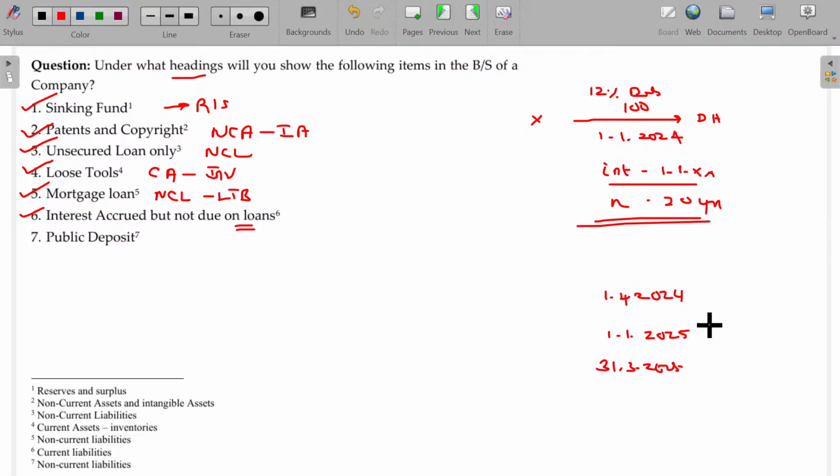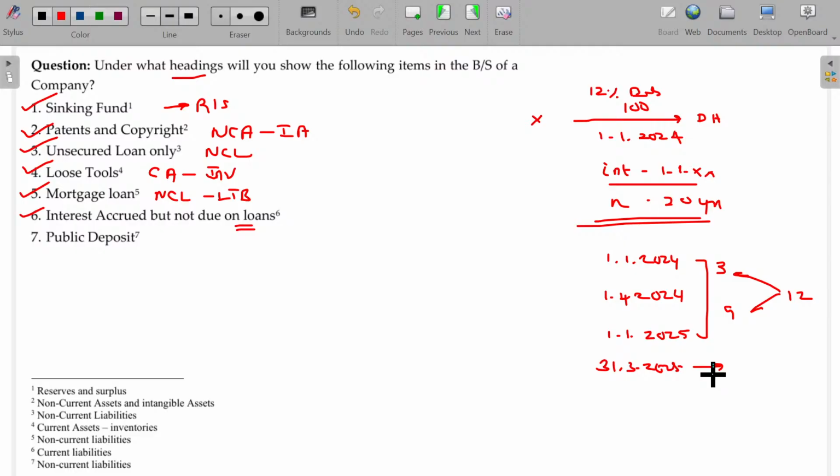For 100 rupees, 12%, 12 rupees interest is payable. That 12 rupees interest is for the period 1/1/2024 onwards. Of this 12 rupees, 3 rupees is for 3 months and 9 rupees is for 9 months. And as on 31st March 2025, interest is not going to be repayable.